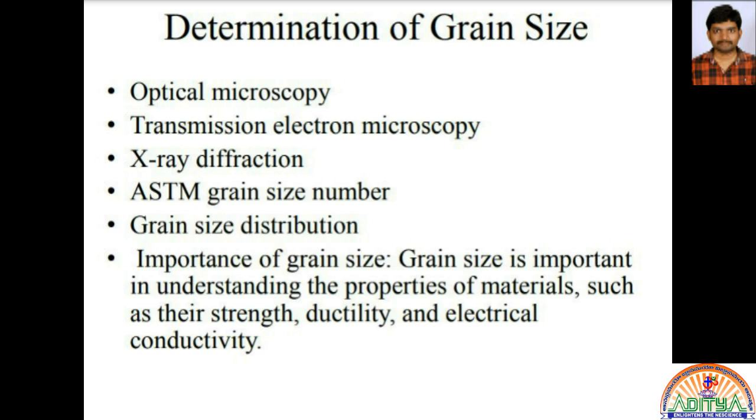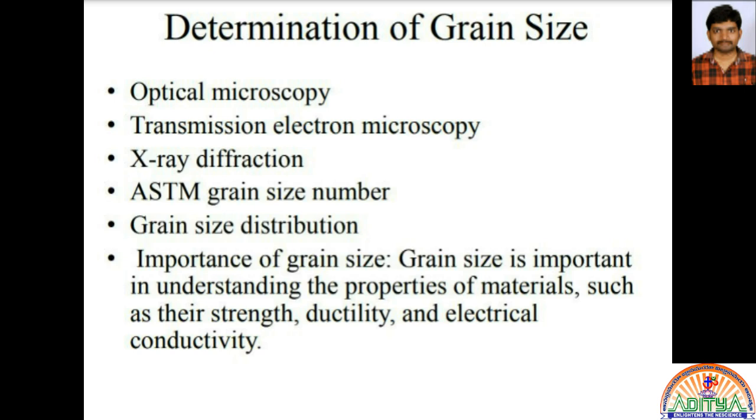Okay. So coming to the next important technique, X-ray diffraction. Grain size can be measured by using X-ray diffraction, which involves analyzing the X-ray diffraction pattern of the material. And next one is ASTM grain size number.